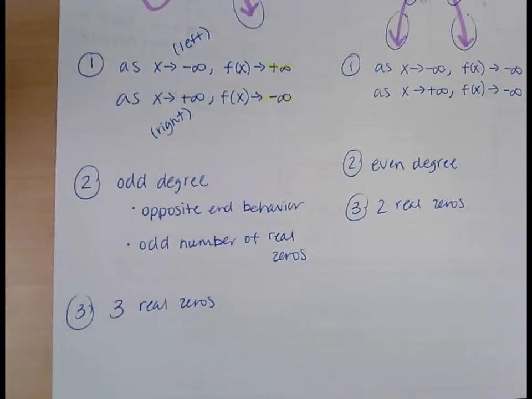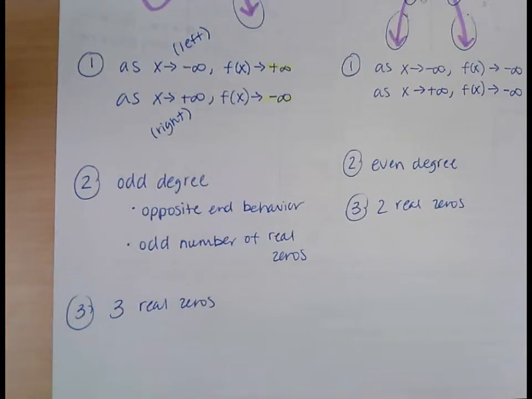Okay, so because we're now going to move on to the 5-4, but this is going to tie in nicely because what we talked about here can help you make sure that you're graphing a polynomial correctly. If you understand what the end behavior should be based on the degree, how many zeros it could possibly have, that's all helpful when you're graphing and analyzing your graph, making sure it's correct.